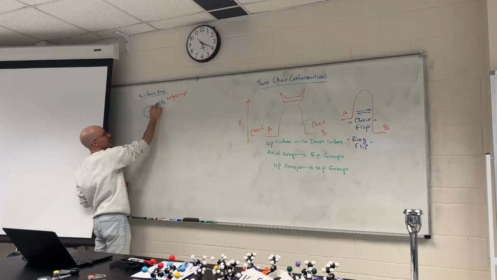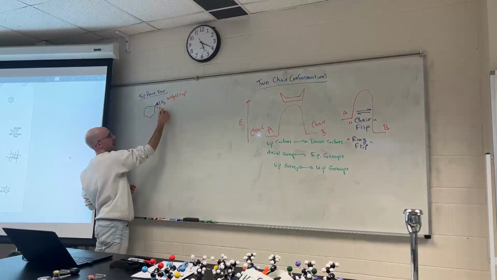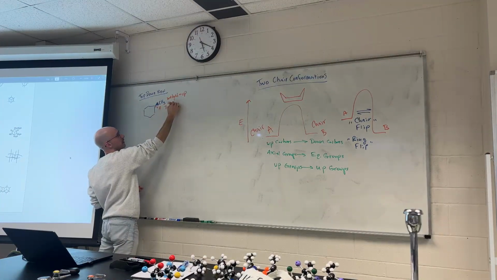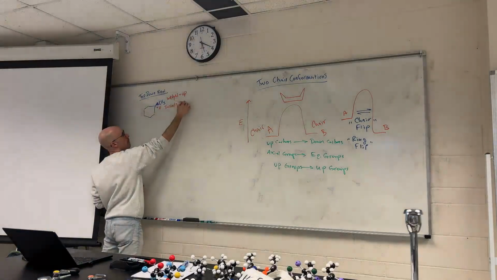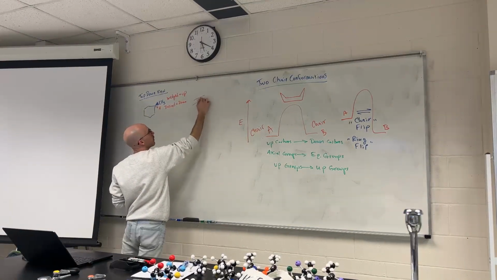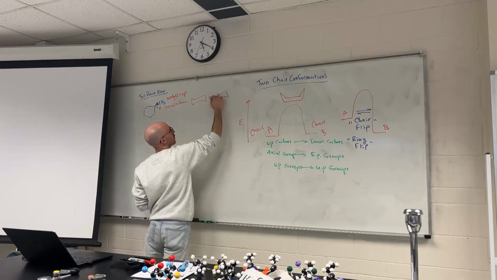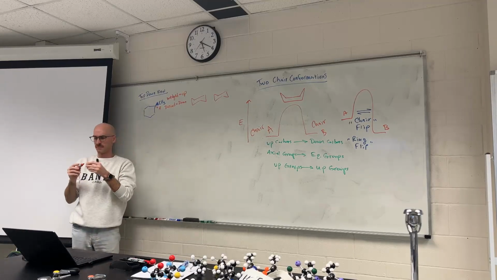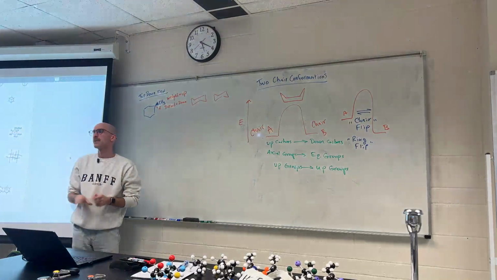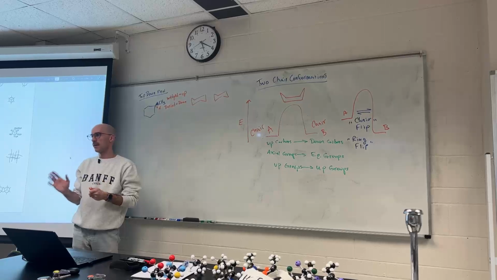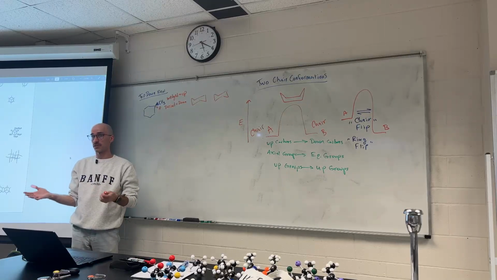Something dashed, like the hydrogen on the other side of the carbon, this we'll call down. And then we get 2 chair conformations. Why? Because every 6-membered ring has 2 chair conformations. So let's analyze both.